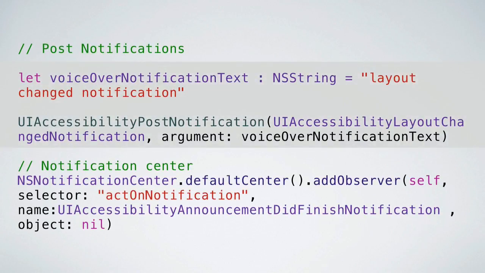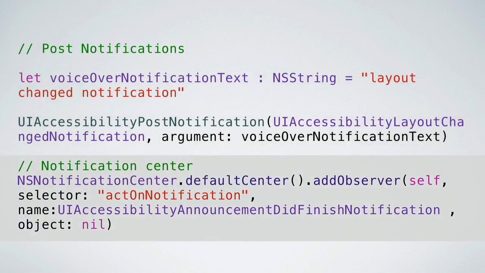You can also post notifications. As an example here, I tell VoiceOver when the layout changes, and the argument I send is the text you want VoiceOver to say when the layout changes. Instead of passing the text, you can also pass the view you want VoiceOver to focus on.